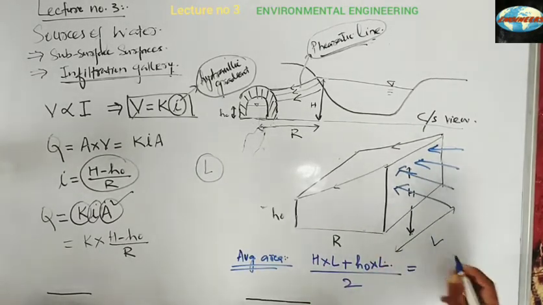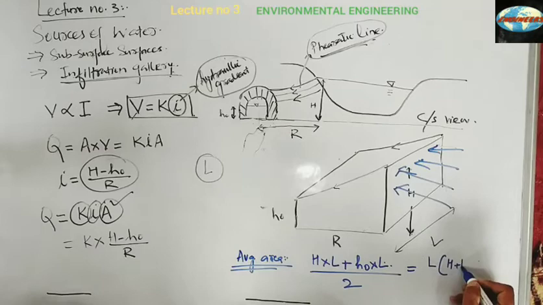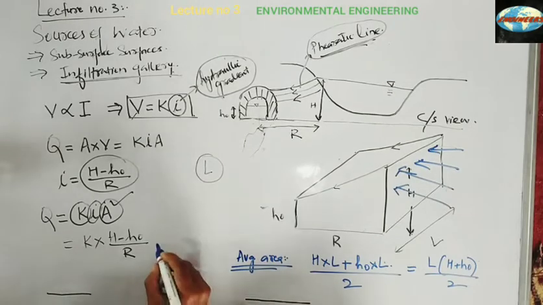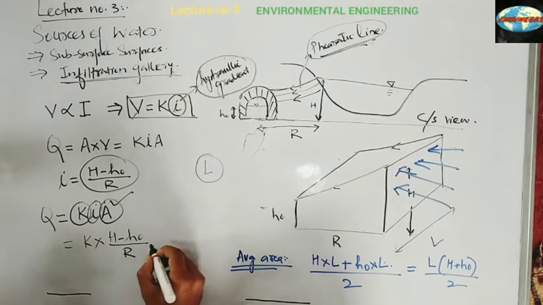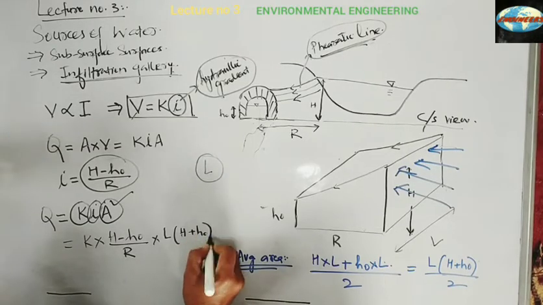If we take L as common, we get L into H plus h naught divided by 2. So this will be our area. So I'll multiply by the area over here, that is L into H plus h naught divided by 2.